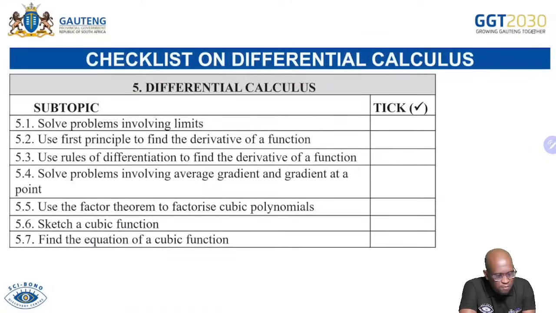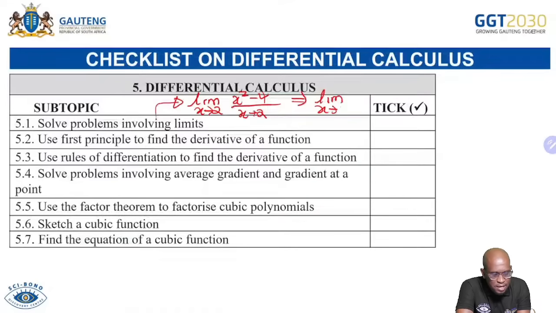Solve problems involving limits. Remember, sometimes you can be given the limit as x tends to 2 of x squared minus 4 divided by x plus 2. To solve this, we factorize: x minus 2 times x plus 2, divided by x plus 2.